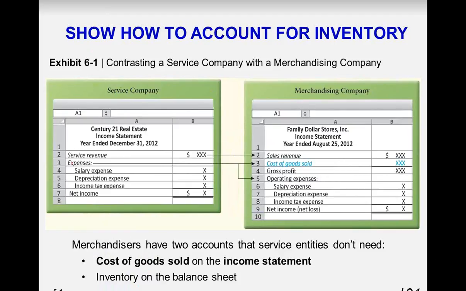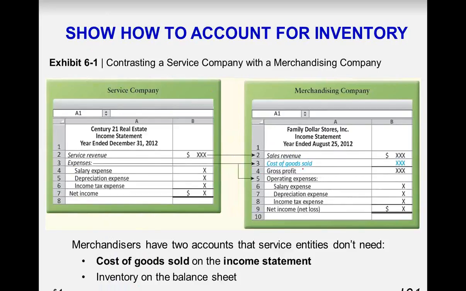With service companies, we have service revenue and then our expenses. When we switch over to a merchandising company, or if this were a manufacturing company, which we'll look at when you take Accounting 102, we're going to now have a cost of goods sold.